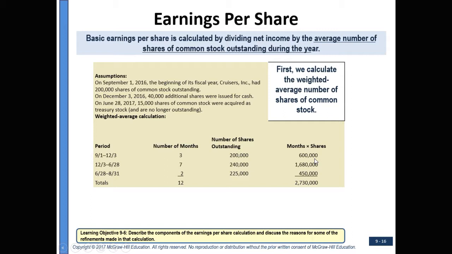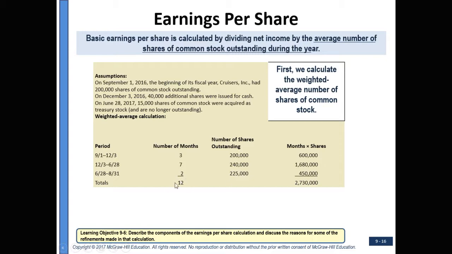Then for 7 months, from 12/3 to 6/28, we had 240,000 shares that were outstanding. That gave us 1,680,000. Then from 6/28 to 8/31, which is 2 months, there were only 225,000 shares outstanding. Apply that across and it's 450,000.